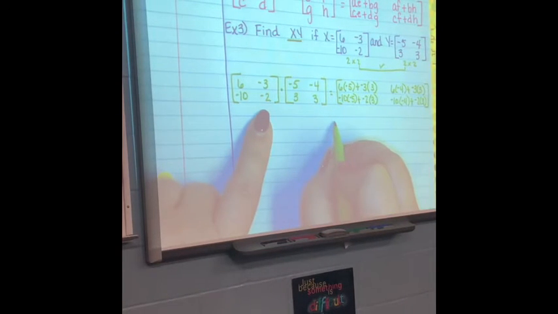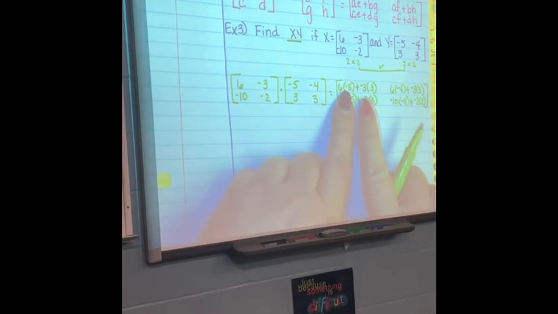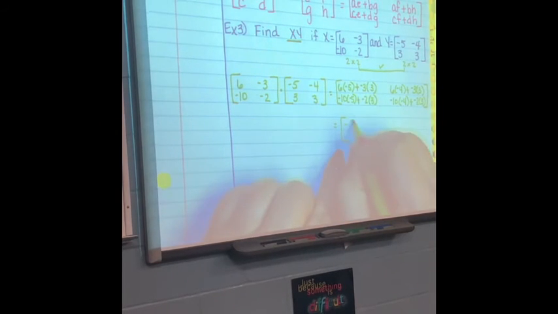Okay, and then lastly, I just need to add these things together. I'm going to simplify them. So I have negative 30 plus negative 9. Negative 39. Negative 24 plus negative 9.